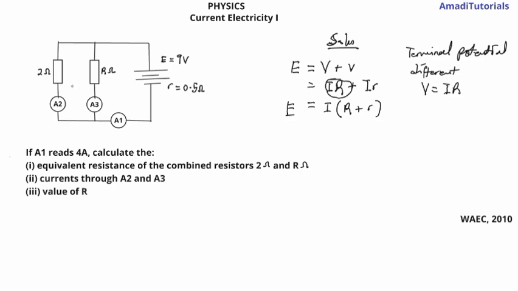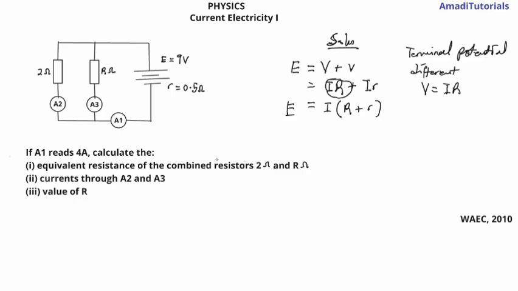The voltage across 2 ohms will be the voltage across R ohms. However, that voltage will not be 9 volts, because this 9 volts represents the EMF. The voltage will be something smaller when you subtract the voltage drop within the cell. That will be the remaining voltage that will be supplied. So however, let's answer the questions.